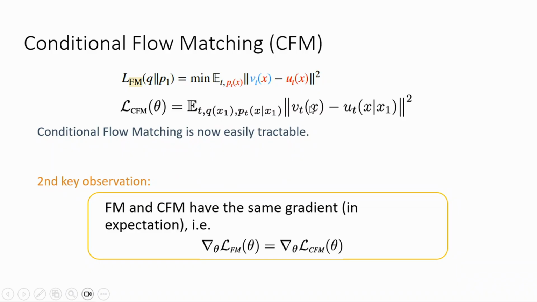Even though we're learning on the conditional vector fields, because of the marginalization and the L2 norm, we can prove that these two losses have exactly the same gradient, and we can effectively use the second loss, which is tractable. So the problem then becomes how we come up with this ground truth conditional vector field u_t(x | x1).